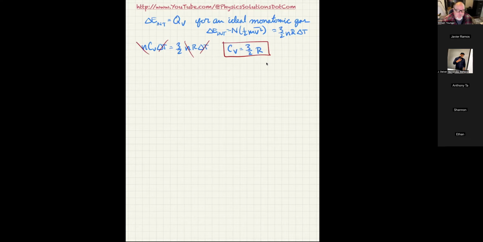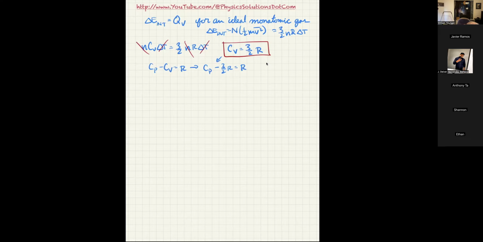Now, we could do something similar with CP, but we could also just use the fact that we found CP minus CV is equal to R. Along with what we found out about CV, it implies that CP minus 3 halves R is equal to R, because that's what CP minus CV was.